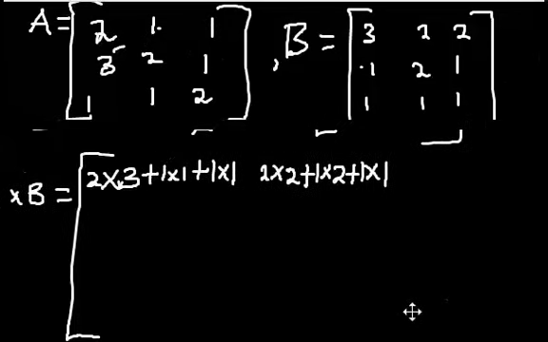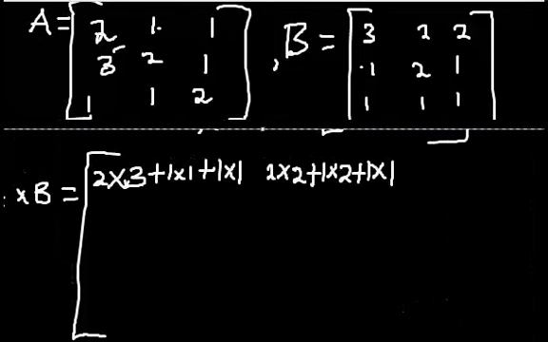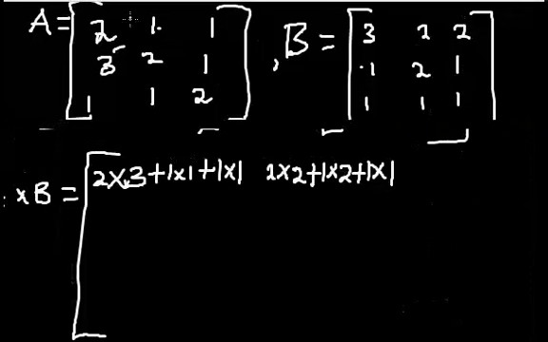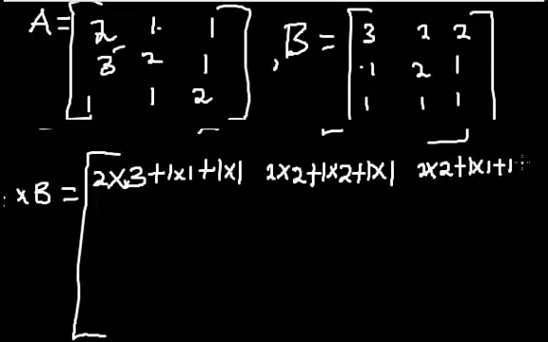Let me shift this out, I'll have space. All right, so the same row here against the third column. So it goes this way: 2 times 2 plus 1 times 1 plus 1 times 1.